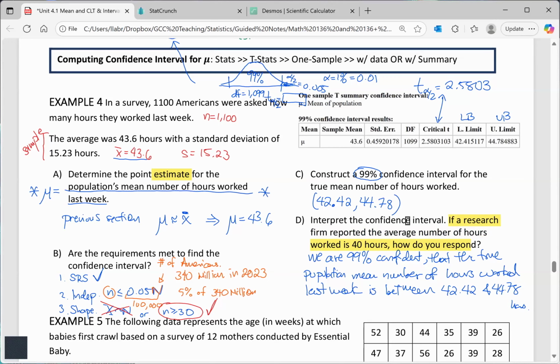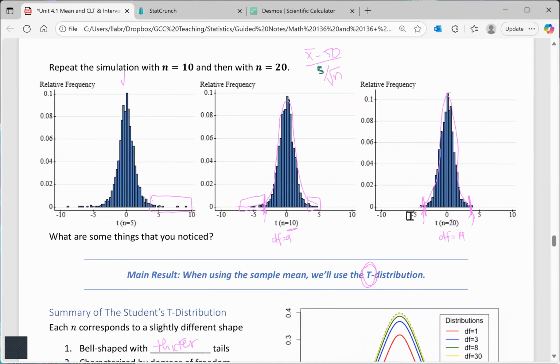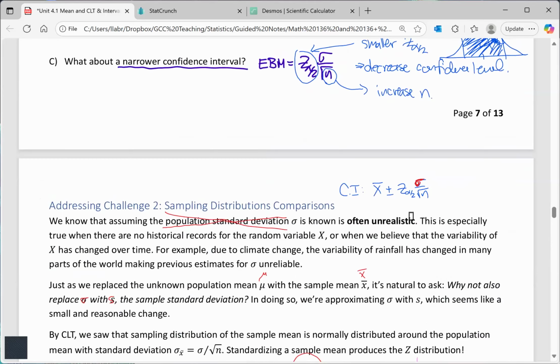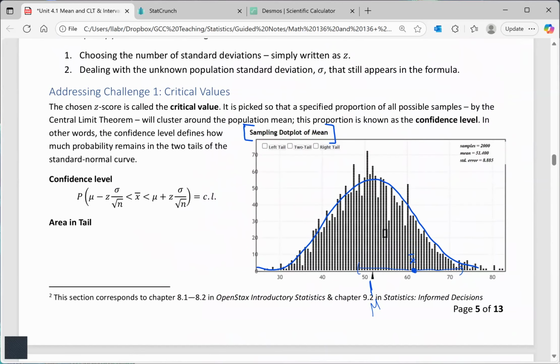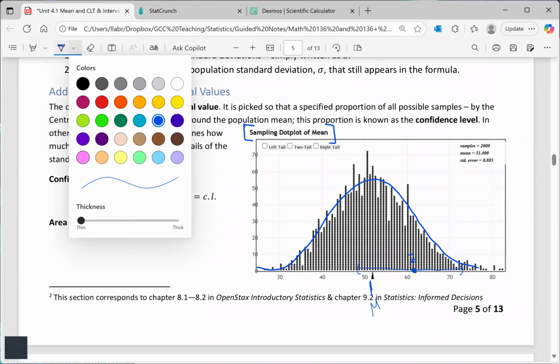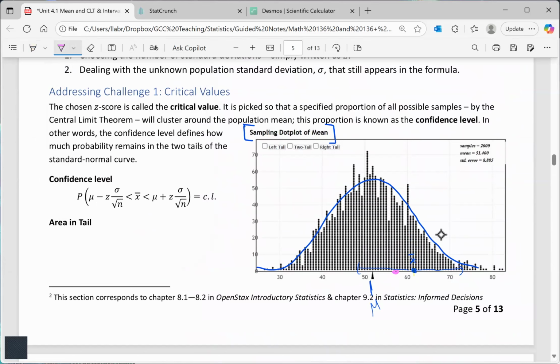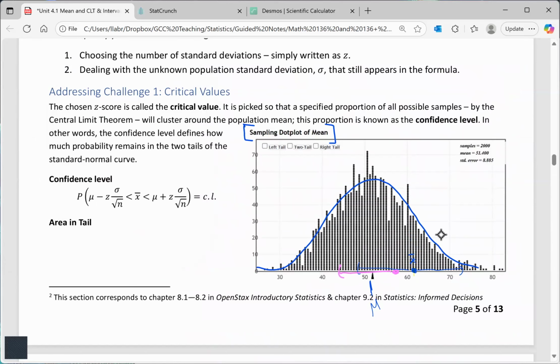Remember that this claim is based on the idea that we understand how samples behave. So if I understand how sample means behave, I know that the sample mean will be close to the population mean, that's why I can go ahead and say this, that getting a sample that lands very much off to the right-hand side, right, if I get a sample that lands over here, and then I can go ahead and add the variability, then I'm saying whatever this lower limit is and this upper limit is, they will be fairly close to this true center, which is the population center.